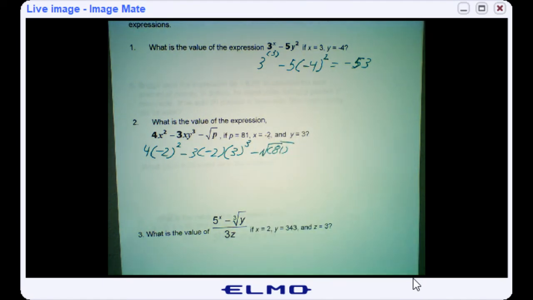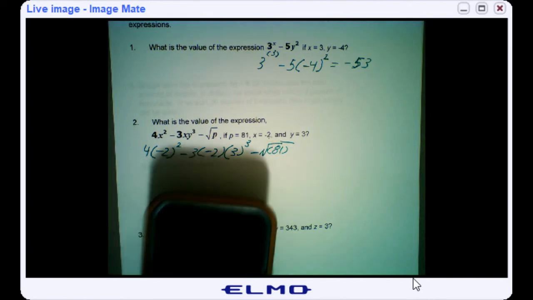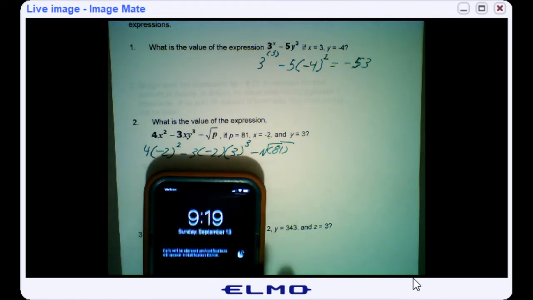You don't necessarily need the parentheses, but it's good practice to always do it. And then again, I can just use Desmos.